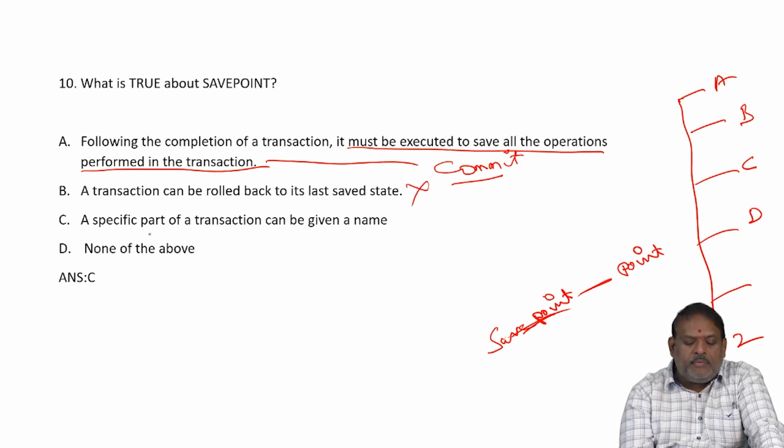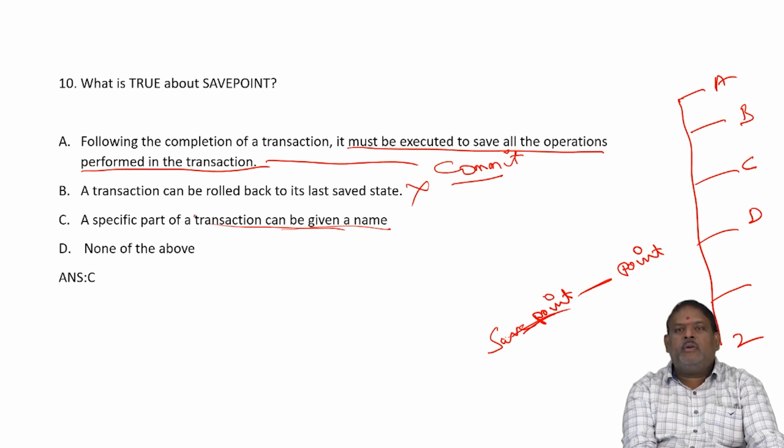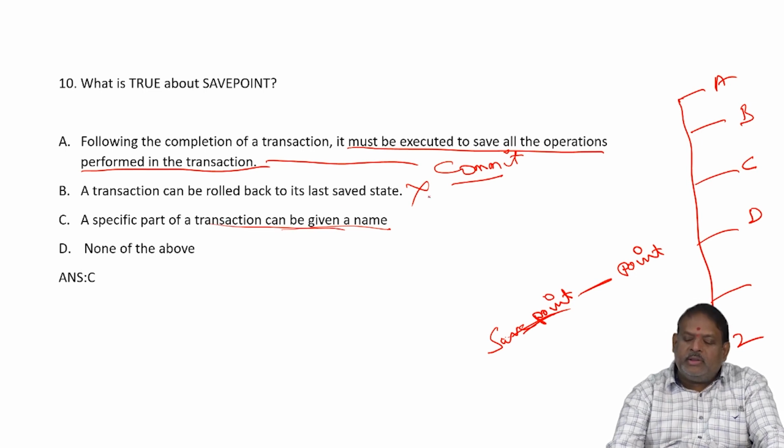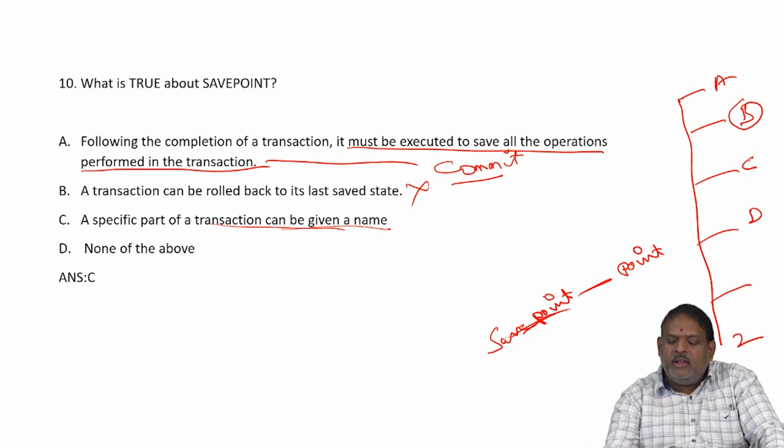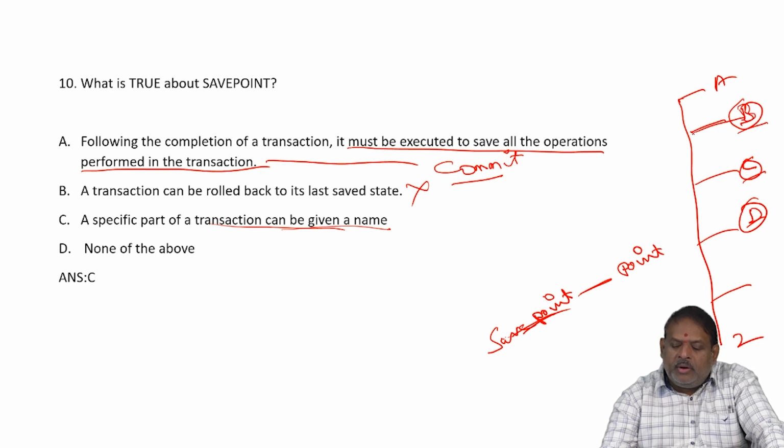A specific part of the transaction can be given a name. Yes, this is correct. For example, we have given the names B, C. They are savepoints. So we have given savepoint B, savepoint C, savepoint D. Now, if you want to rollback till this point, your data is rolled back.